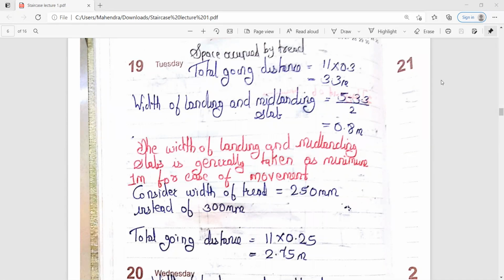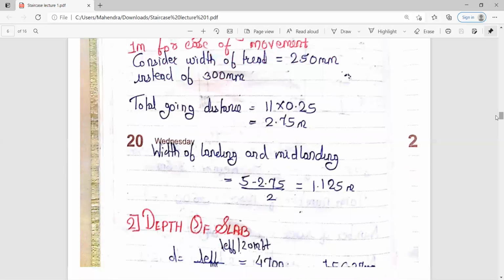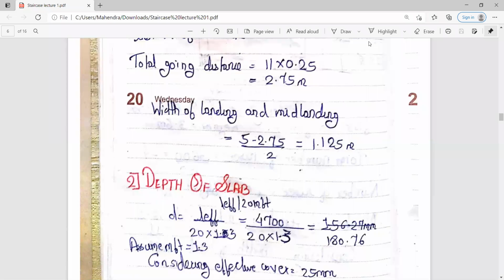Yes, ma'am. Complete up till here, the width of landing and mid landing.